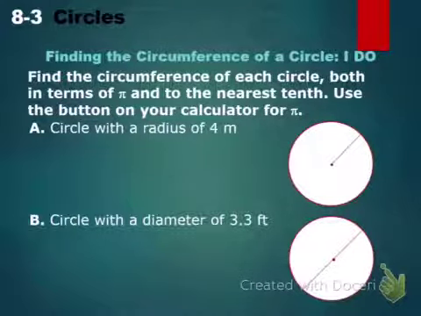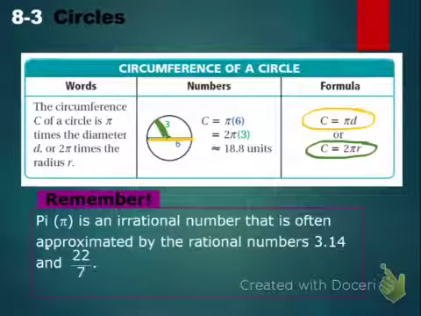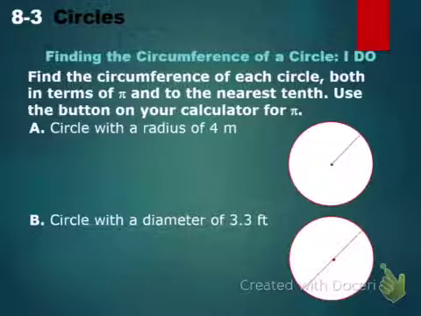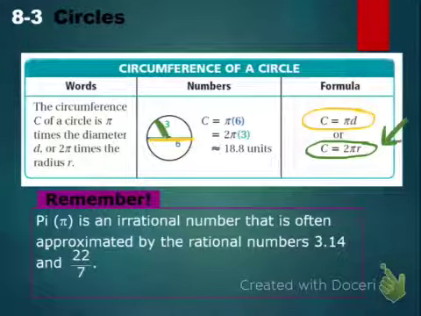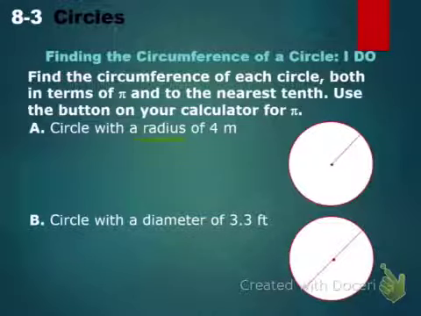So a circle with a radius of 4 meters. The first thing that you need to know is your equation. So remember, we had 2 equations. We're given in this example a radius, so we want to remember that we're using this equation, 2 pi radius.